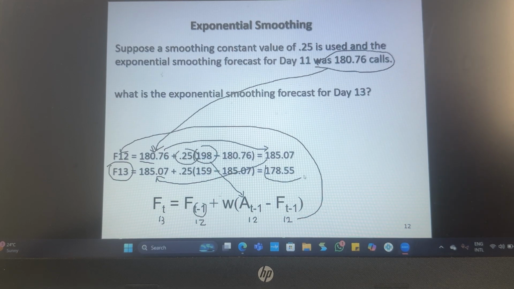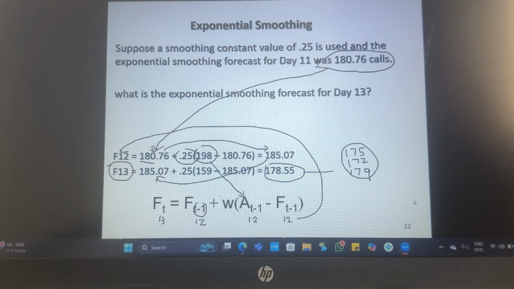So, according to exponential smoothing, we got almost 179. According to the weighted moving average, we got 172. According to the simple moving average, we got 175, right? According to these three methods, these are the numbers we get as forecasted values for the same data set. Slight differences are there. The lowest is 172 and the highest is 179.